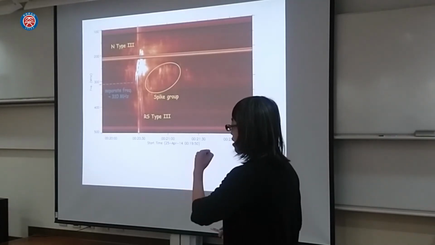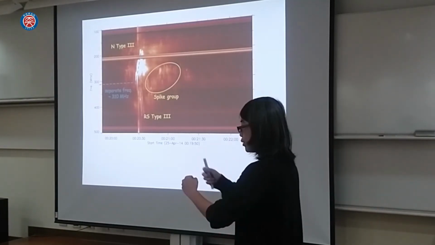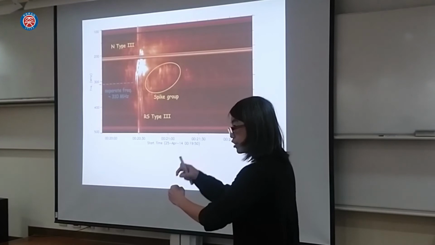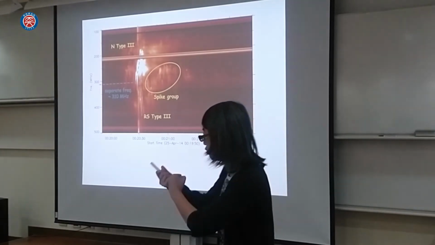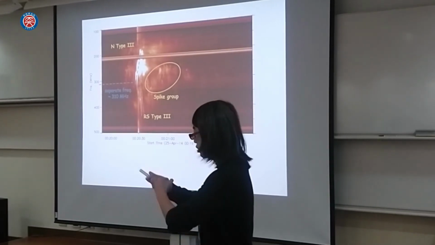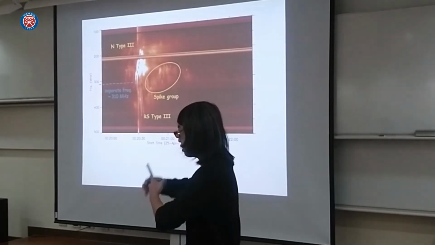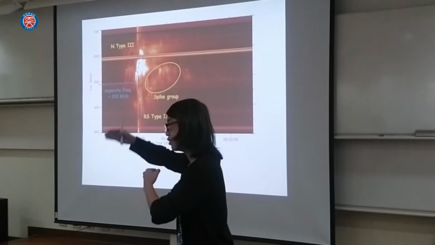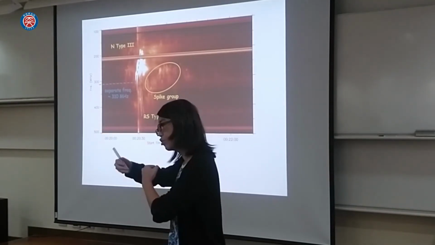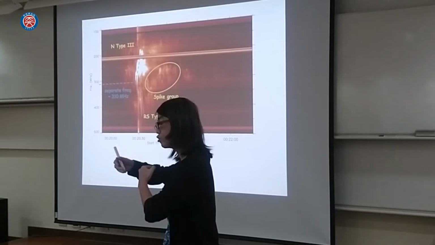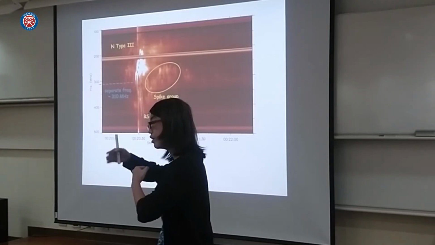if the energetic electron is produced at the reconnection site, then this electron beam moves outward, right? So when it moves outward, the local density will become lower and lower. So the frequency of the radio emission should become lower and lower.